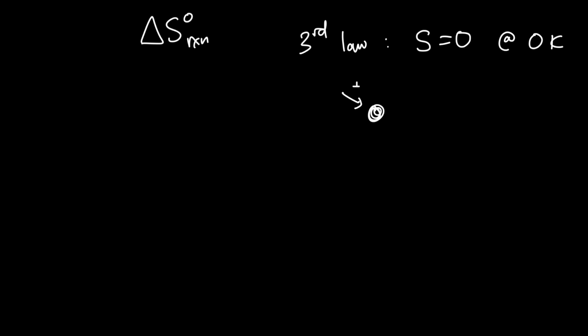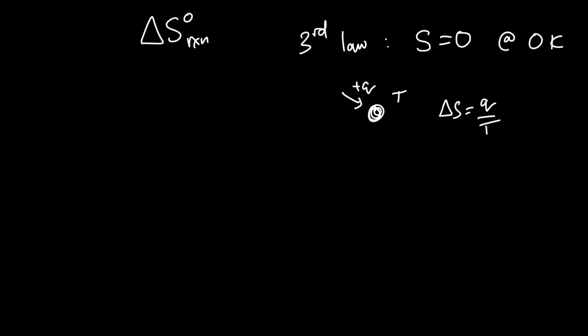You enter heat into it at a particular temperature and calculate, every time you go up by 1 degree, how much heat you put in at 1 degree, how much at 2 degrees, and you sum it all up and you can get the entropy of a substance at any temperature you like. In fact, this can be tabulated. This is often tabulated at 298 Kelvin.